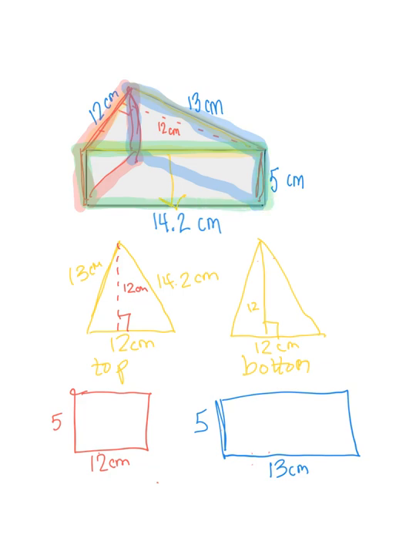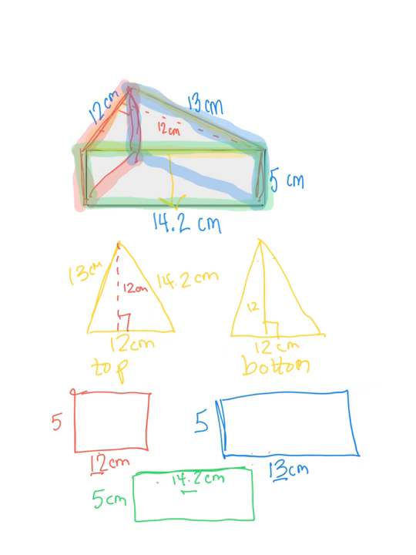So if you look, there are 3 rectangles that make the lateral faces, and all of them have a height of 5 because that is the height of the prism. And then the other dimension of the rectangle is one of the 3 sides of the triangle: 12, 13, and 14.2.